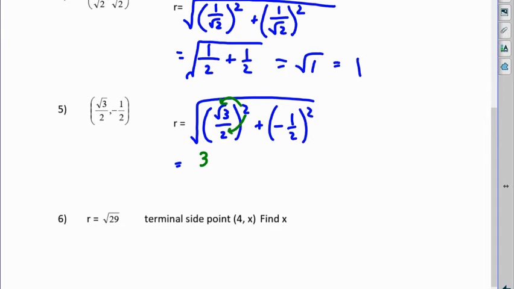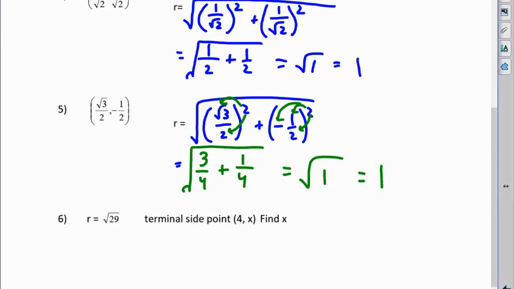A 2 squared is 4, plus 1. Well, remember that negative gets squared, so it's going to be positive. 1 over 4. Square root of 1, it's 1.